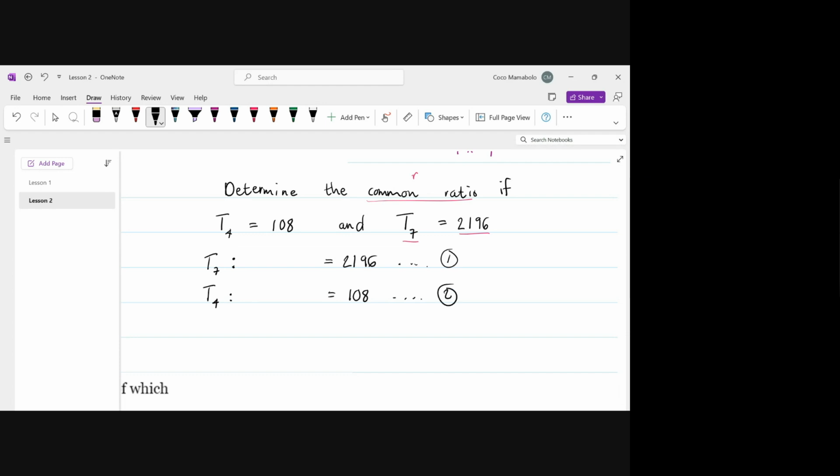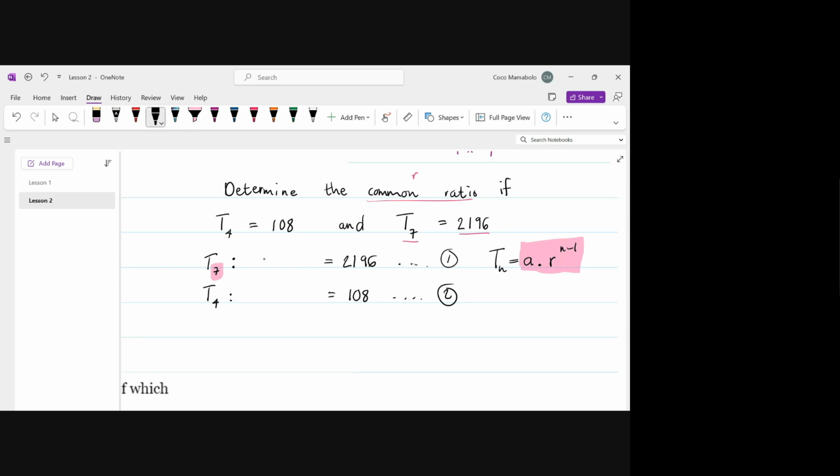Now, remember what goes in here. We know that our general term says Tn equals A times R to the power of n minus 1. So that's what we're going to put in here. But remember that we have now replaced our n with 7. So wherever we see an n, we're going to replace it with 7.